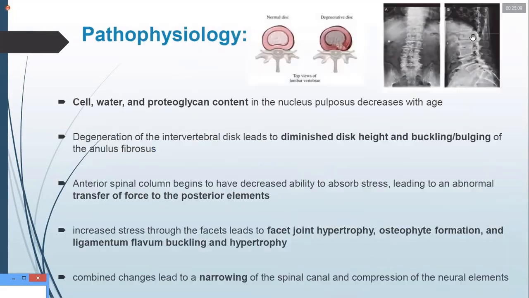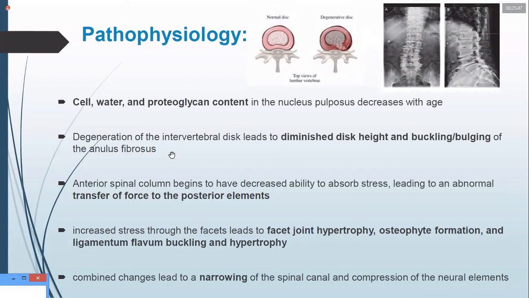Coming to the pathophysiology, as discussed in the cervical also, the water and proteoglycan content in the nucleus pulposus decreases with age. Because of the degeneration process, the disc height is decreased, and the annulus fibrosus, the peripheral part, starts buckling and bulging into the canal, and the force is transferred to the posterior elements like the facet joints.